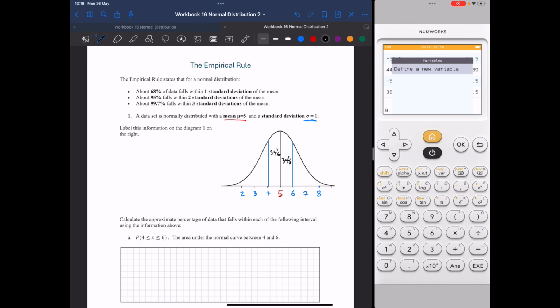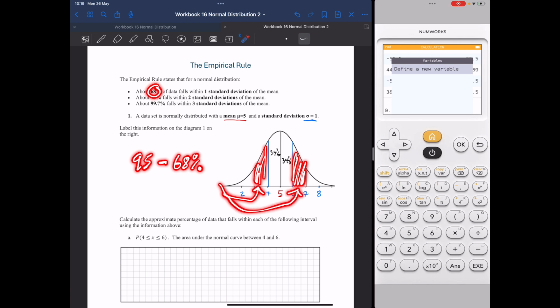Now we can go another standard deviation. We'll do 2 standard deviations from the mean. Now this whole bit here, that is going to be 95%. Now if you want to find this area and this area, you just get the 95% and we take away the 68%. And we're left then with this and this area added up in total.